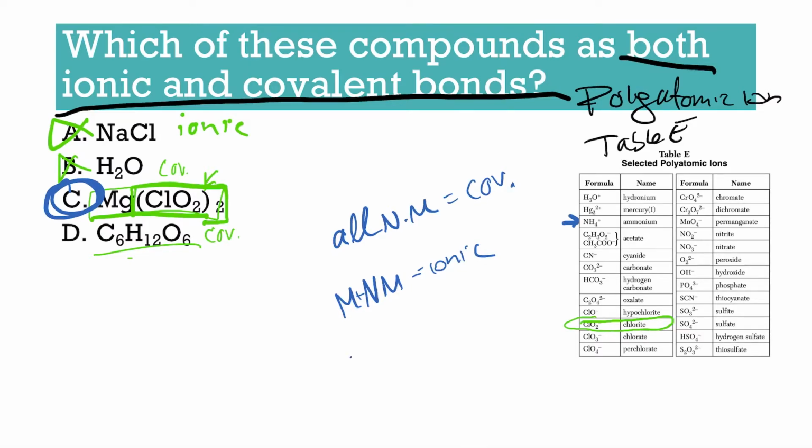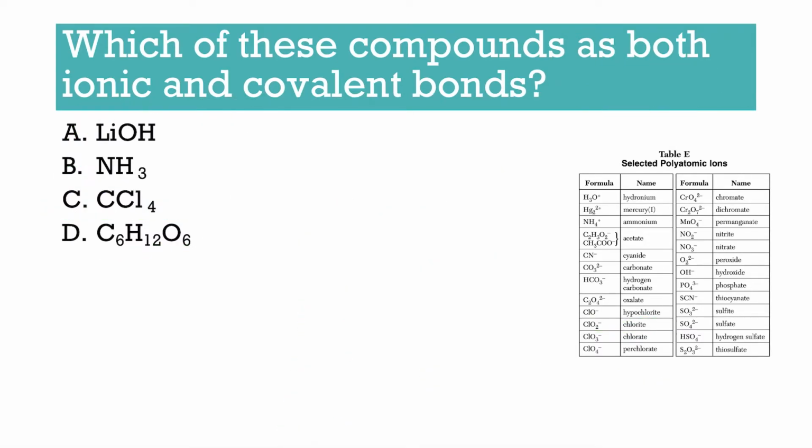If you have multiple nonmetals and a metal, that is probably going to be both. So that works sometimes. It really is just easier to look on Table E. If you have a compound on Table E, or a part of a compound on Table E, that is both ionic and covalent, because these rules don't always work.